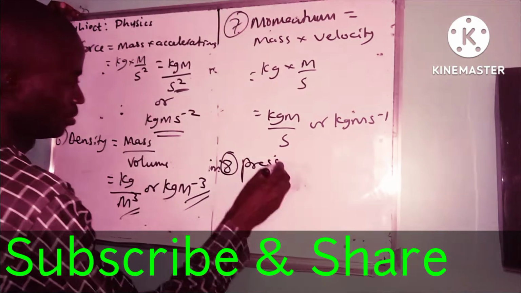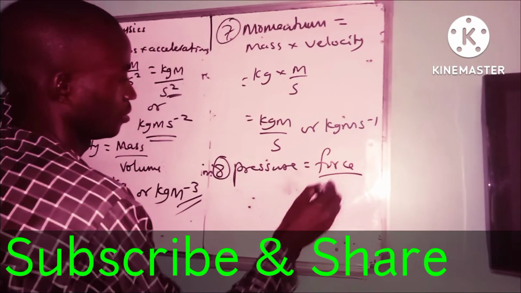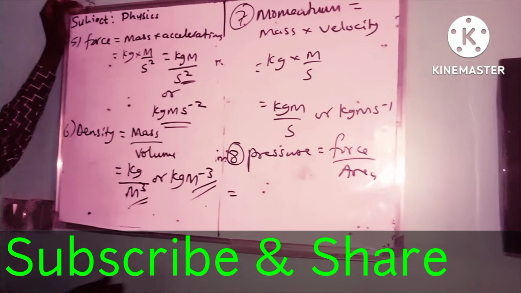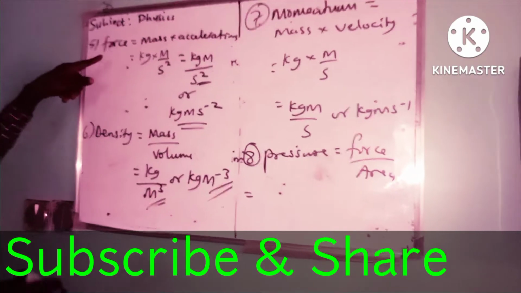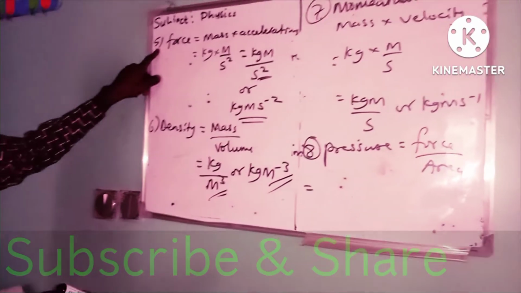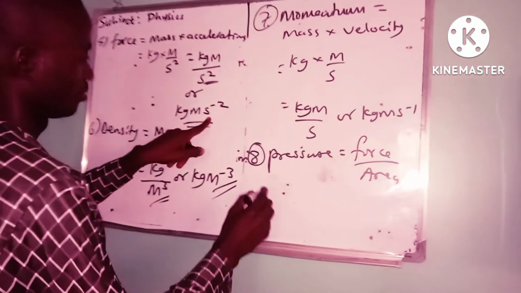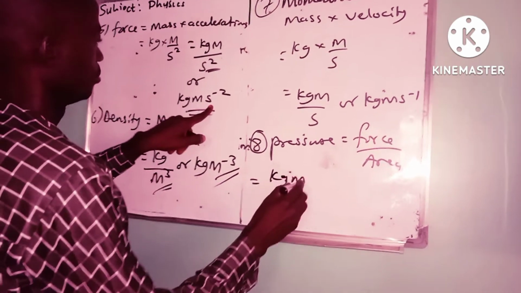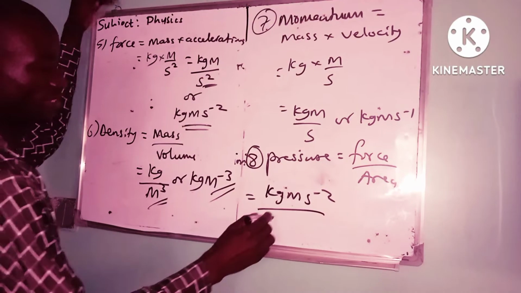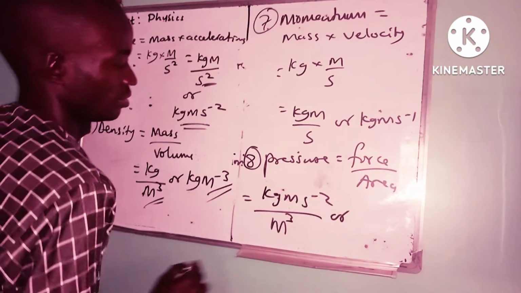Now, lastly, I want us to look at pressure. Pressure can be expressed as force upon area. And of course, what is force? We just derived force. The unit of force can be seen in example 5 as kilogram meter per second squared. So we have kilogram meter per second squared upon area. Area is square meter.